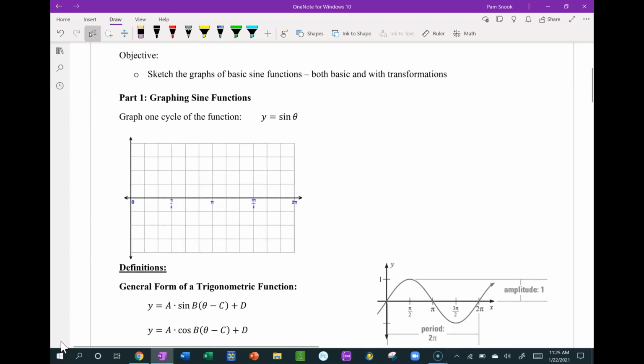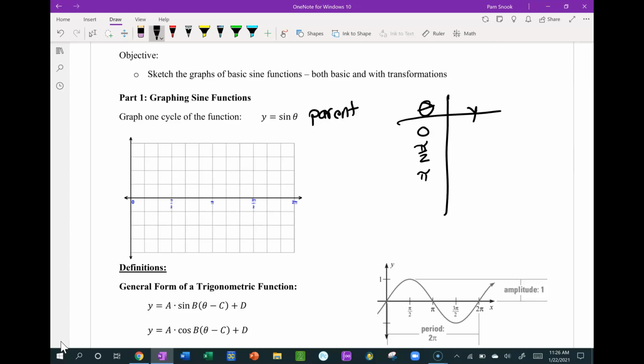First off, you can think of y equals sine of theta as a parent function, and I want to show you what that graph looks like. So let's do an xy table, or in this case, a theta y table. I'm going to pick 0, pi over 2, pi, 3 pi over 2, and 2 pi.